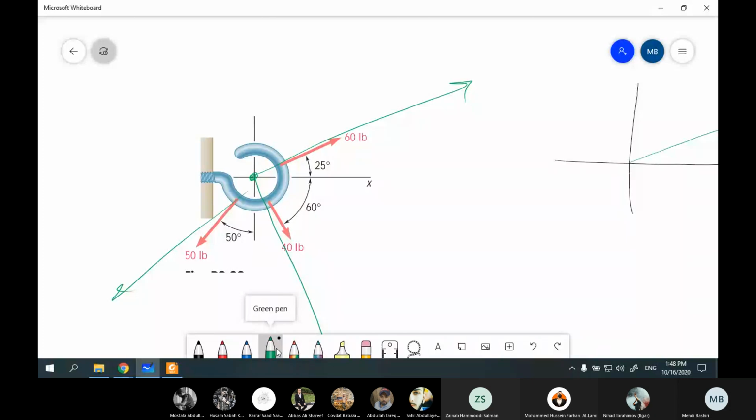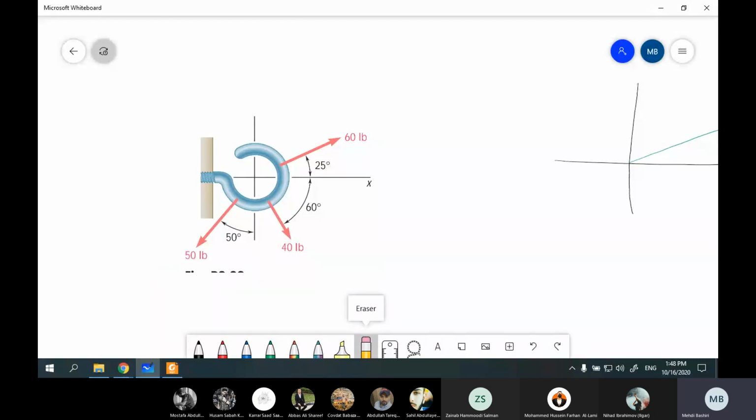So you want to see how the situation is. To find this, for example, the capacity or the resistance of this bolt is, I don't know, for example, 100 pounds.